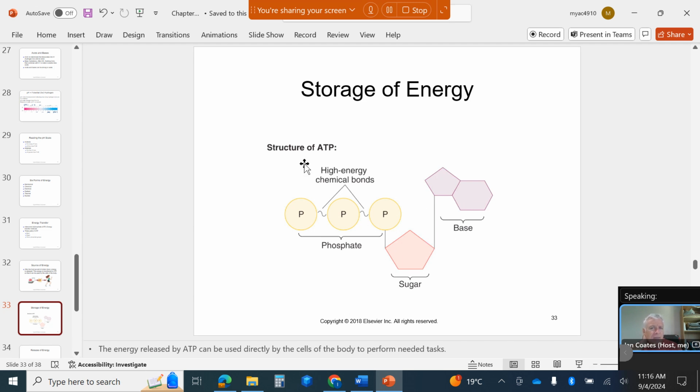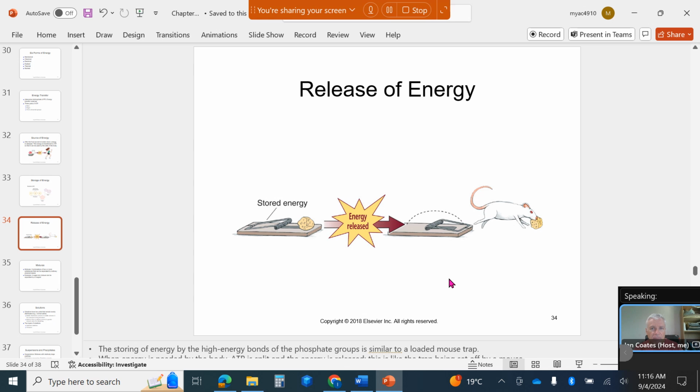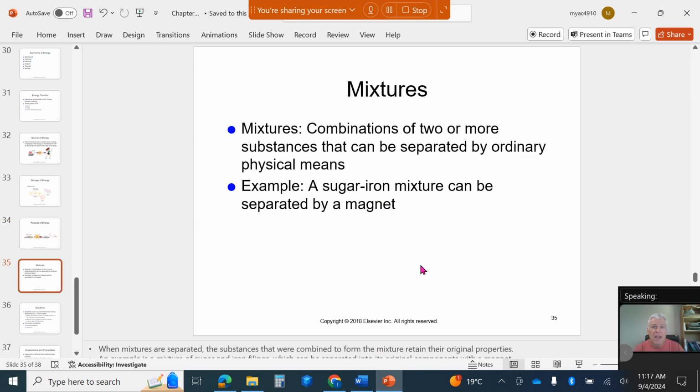But the whole idea is that when we eat bananas, we eat our food, we make these molecules, and then we are able to spend them to play soccer, go swimming, do what we need to do. Okay? This is our energy currency. So, there we go. We store the energy, and the energy is then released. Okay? And we use those ATP molecules as we need to. Okay? And we're able to do the things that we want to do.